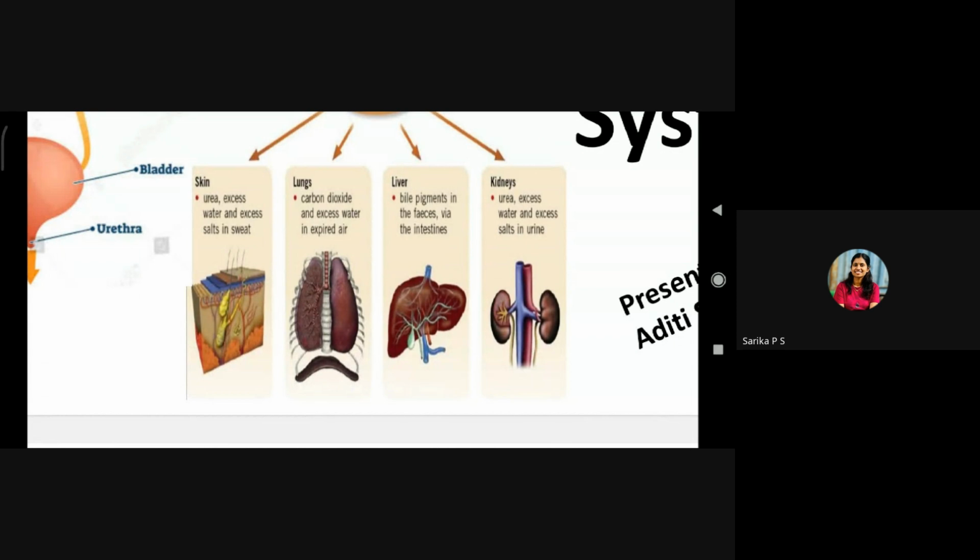And the liver also passes bile pigments through the small intestine, and it produces feces. So this is the basics about the excretory system.